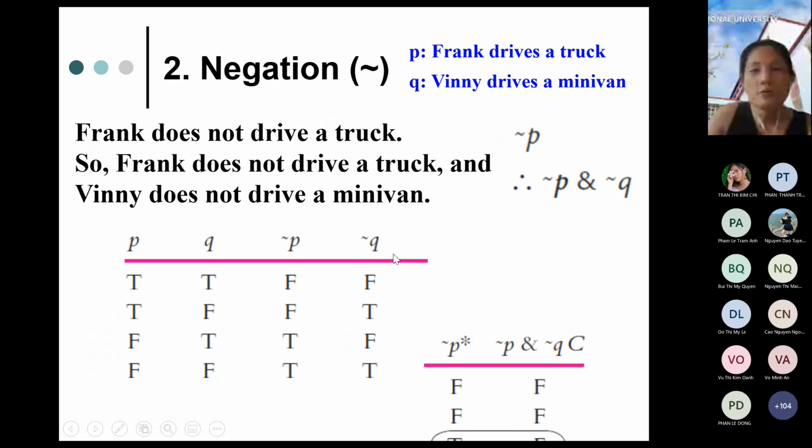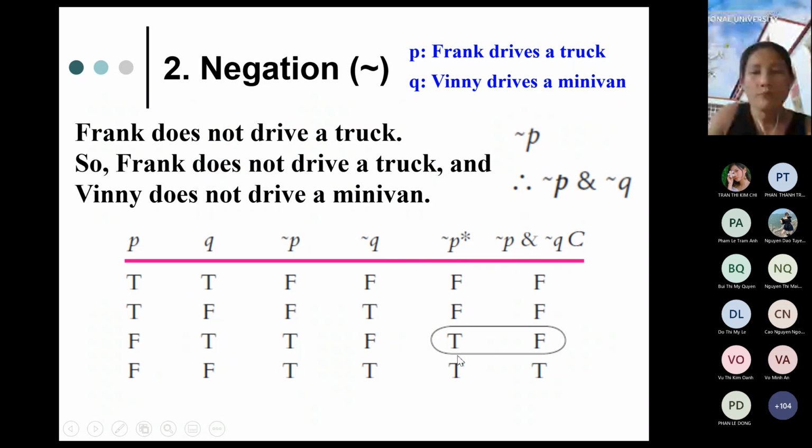So the last 2 columns are for the premise and conclusion. You see, put an asterisk, put the C here to indicate that we are going to look at this column and check it against the last column. And here, all of you missed this part because maybe you think that I have it in the slide, so you don't have to rewrite it, but actually you have to rewrite it, okay, next time.